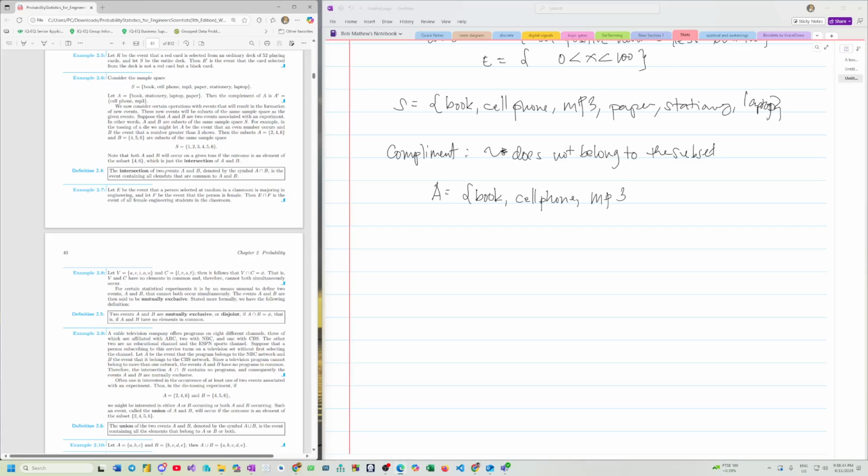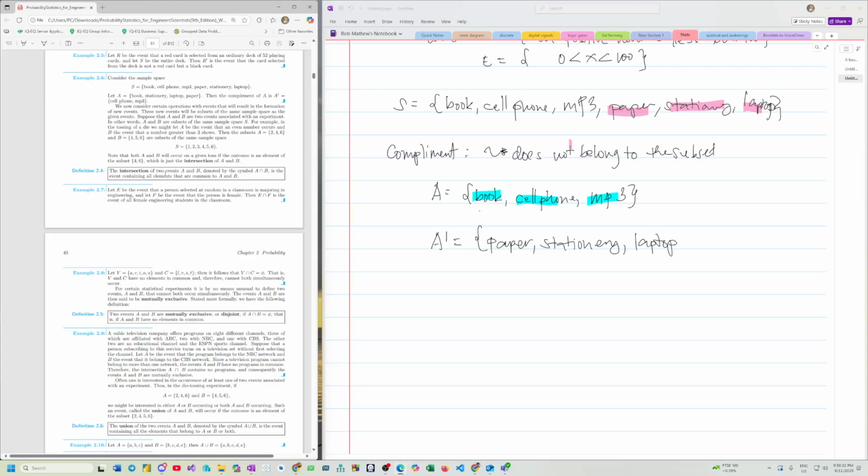When you say complement, we put a prime sign. A prime is everything that does not belong to A. So we have book, cell phone, and MP3 in A. The things that do not belong to A are paper, stationery, and laptop. So this is the A complement: paper, stationery, and laptop.